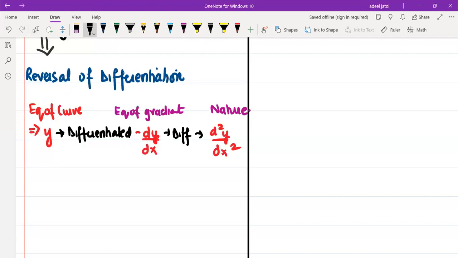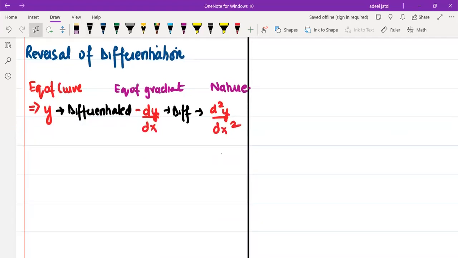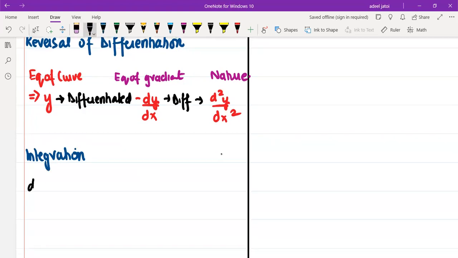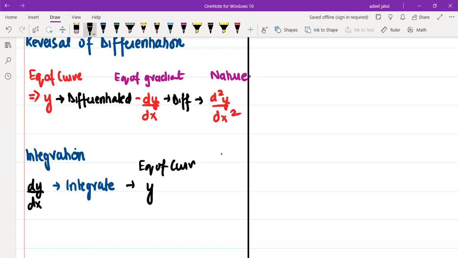Now if we do integration, so integration is reversal of differentiation, which means if we have dy upon dx and we integrate dy upon dx, we get y. Y is equation of curve.